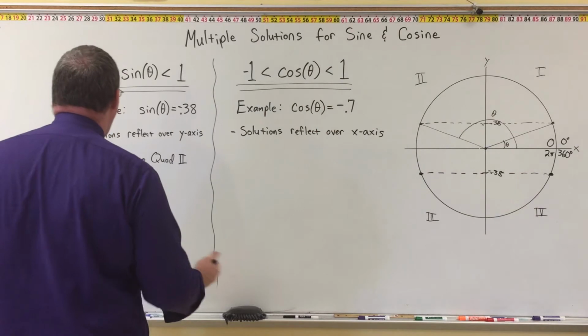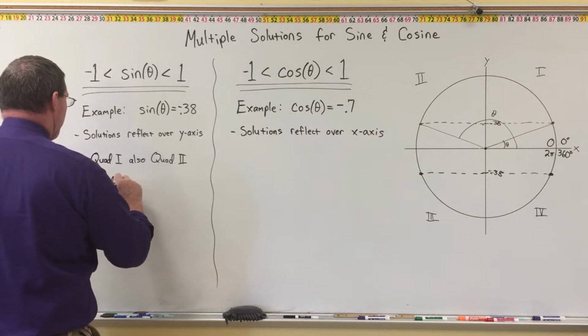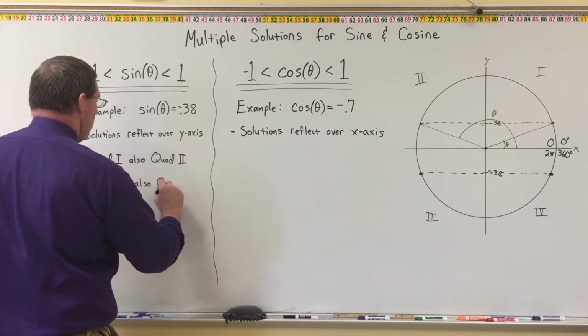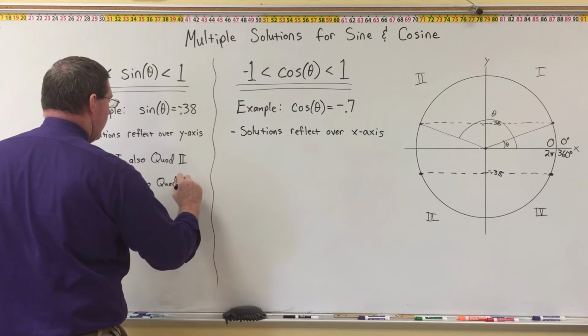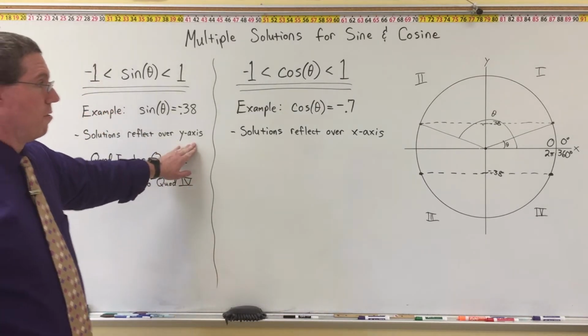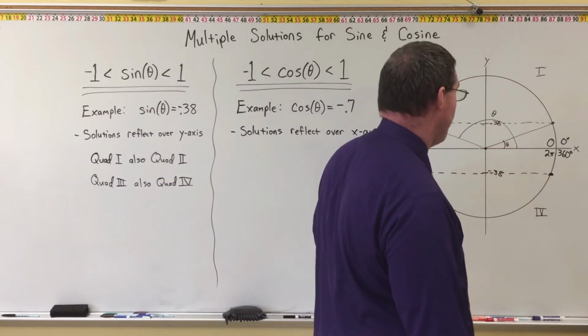So for sine, if you have a solution in quadrant 3, then you also have a solution in quadrant 4. Again, the solutions are reflecting over the y-axis. Quadrant 4 is over here, and on the other side of the y-axis is quadrant 3, okay?